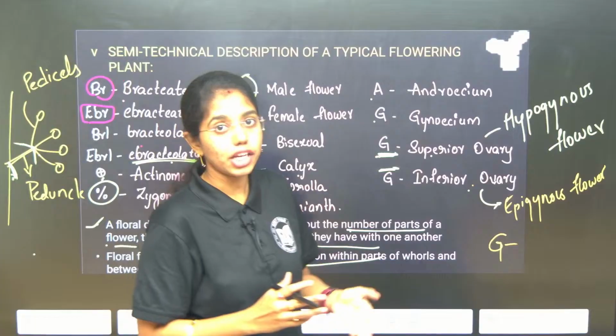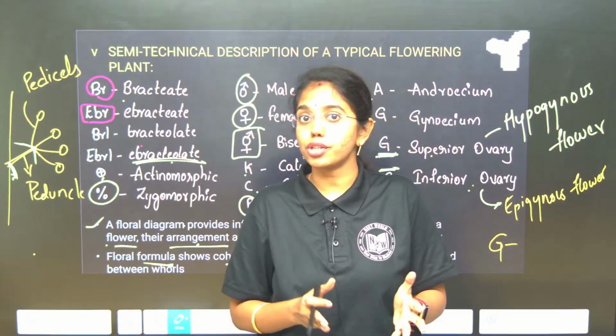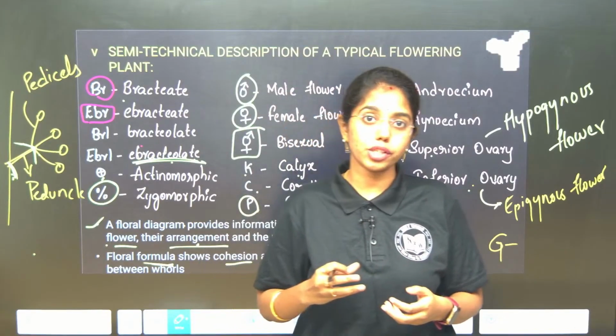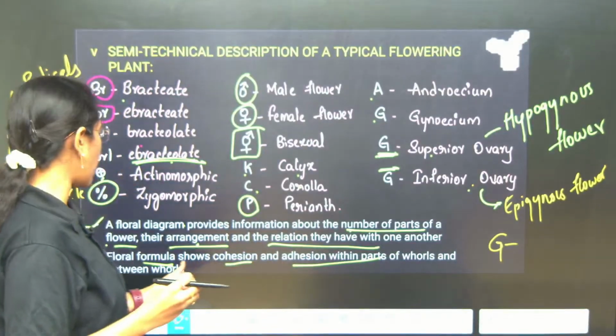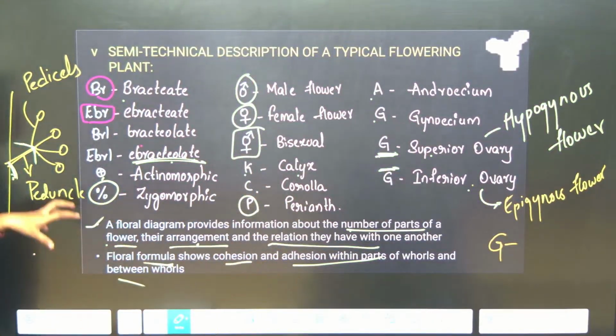Is there any adhesion, like androecium attached to petals, epipetalous condition, epiphyllous condition, or syncarpous condition? All this will be indicated by the floral formula, of the whorls or between the whorls.